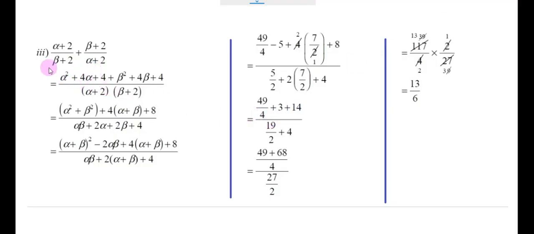Okay, now subdivision 3. Alpha plus 2 by beta plus 2 plus beta plus 2 by alpha plus 2.